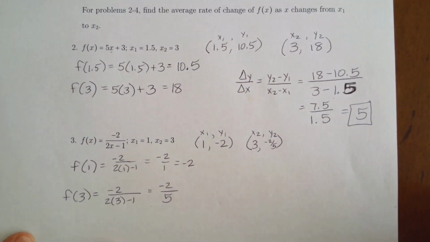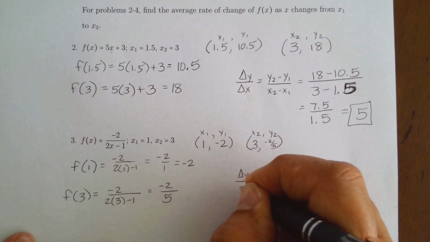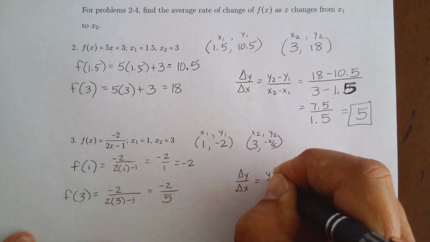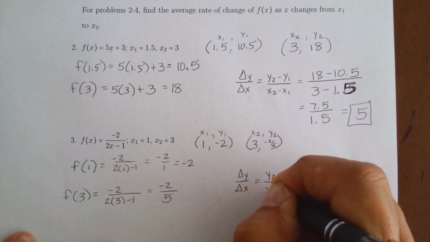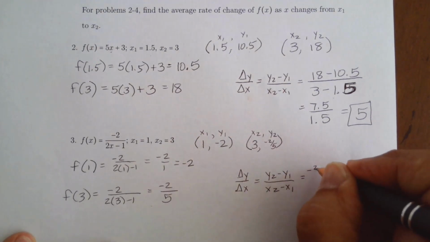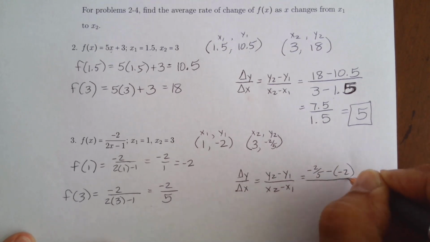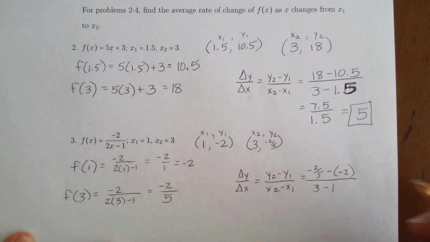Okay? All right. So now you can find the average rate of change between these 2 points. So what is delta y over delta x? Again, y2 minus y1 over x2 minus x1. So we get negative 2/5 minus negative 2 over 3 minus 1. Be careful with your signs on these.